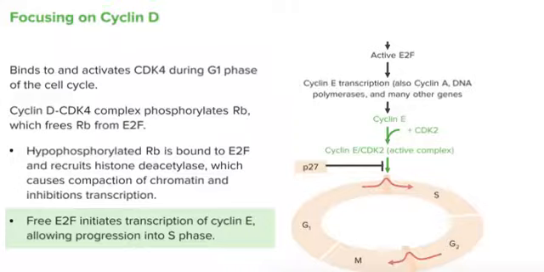Apart from RB and P53, I will talk to you more. Another one is called VHL, von Hippel-Lindau, which is, of course, dealing with renal cell cancer.